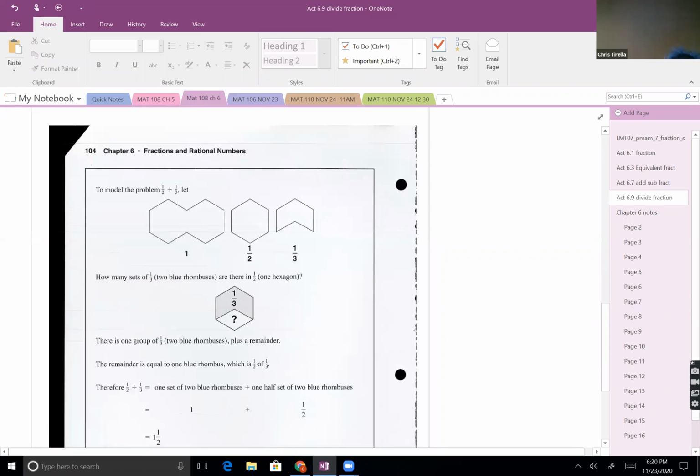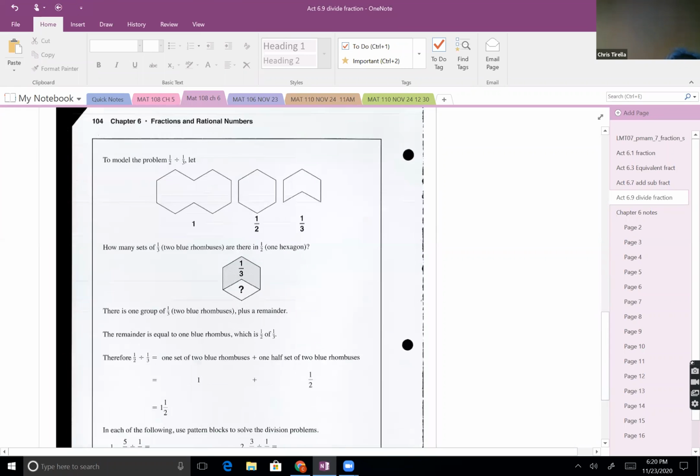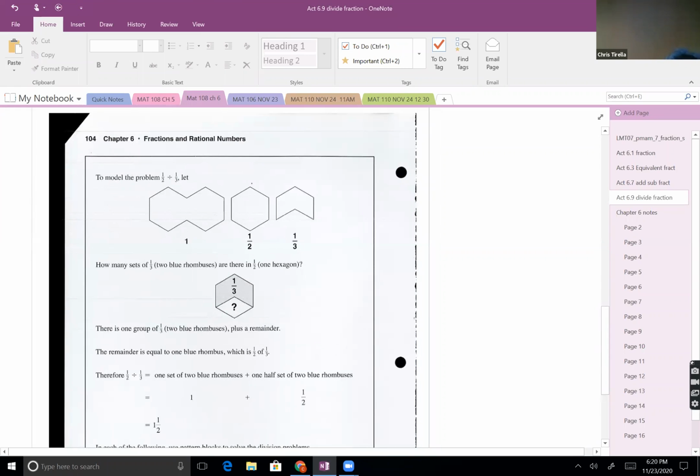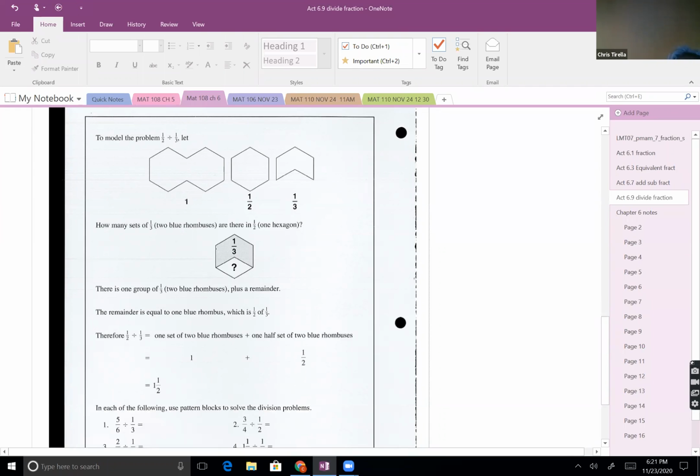And so then skipping on to the next page, if we look at this example, they want to take a half and divide it by a 1/3. And they're using the idea that it takes 2 rhombuses to make a 1/3. Well, when I take that half, I can fill 1/3 in there.